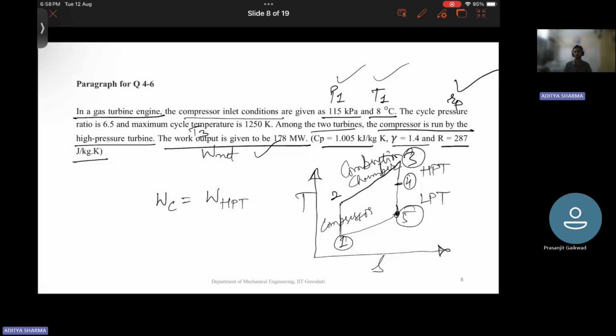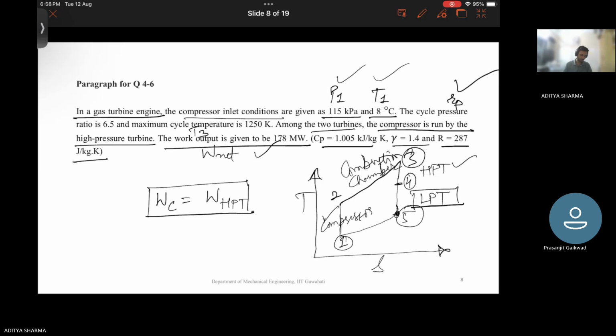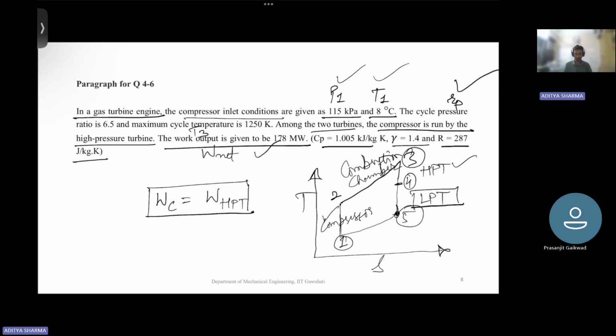So expansion is taking place in two steps. High pressure turbine runs your compressor. So for that, this is the equation. And the work that we get as an output for our use is from your low pressure turbine, LPT, from 4 to 5. So this is basically the meaning of the paragraph that is given to us.